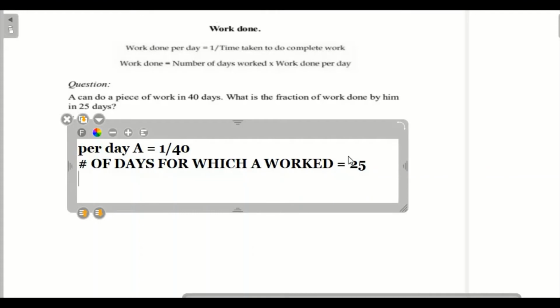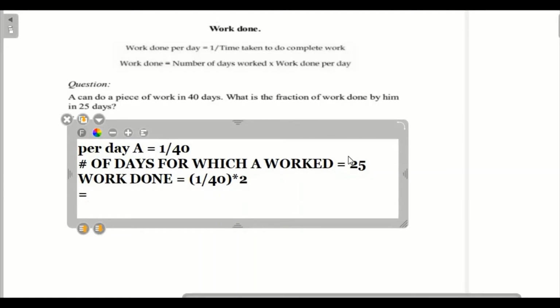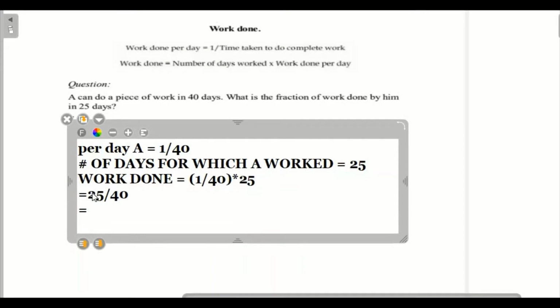So work done equals 1 by 40 into 25. Okay, that is 25 by 40 equal to 5 by 8.